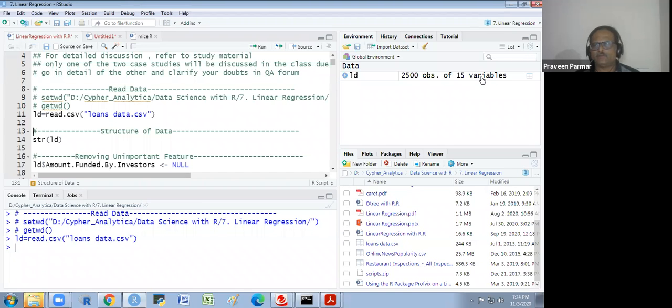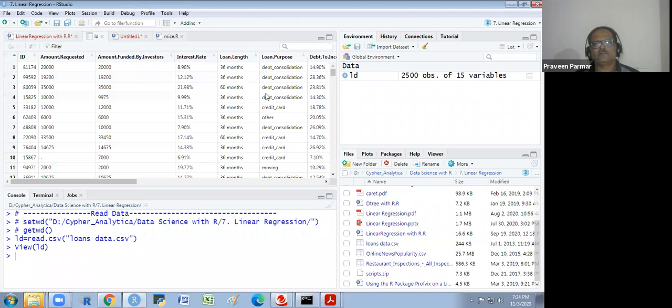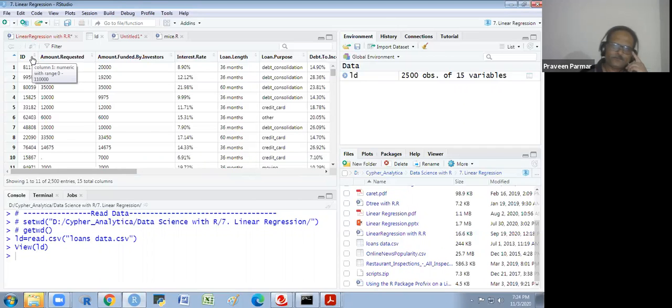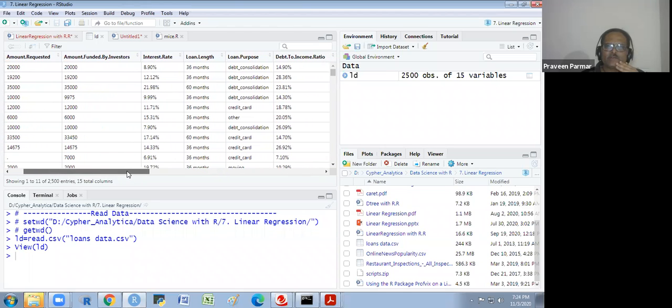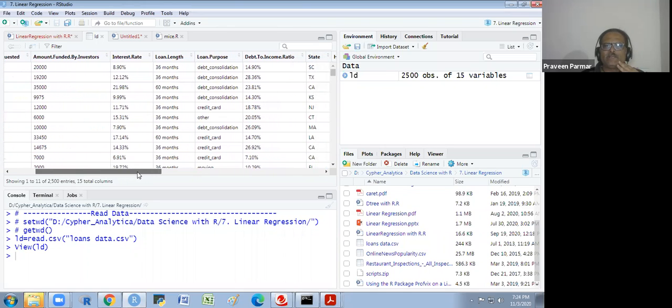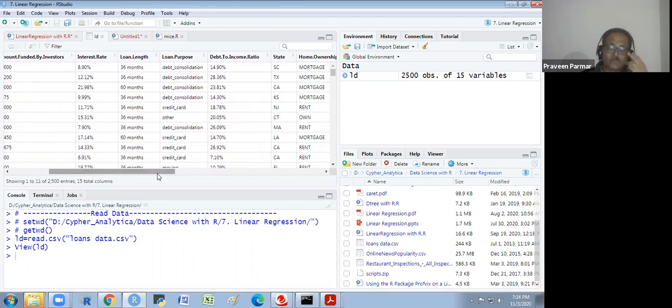If we view it, I just click here and you will get this data here. There is an ID of the client, amount requested for loan, amount funded by investor. It is the historical data we have, and interest rate and the loan length, 36 months, 60 months.